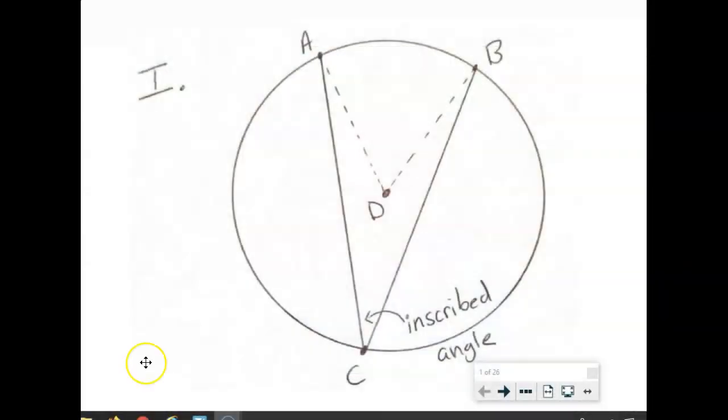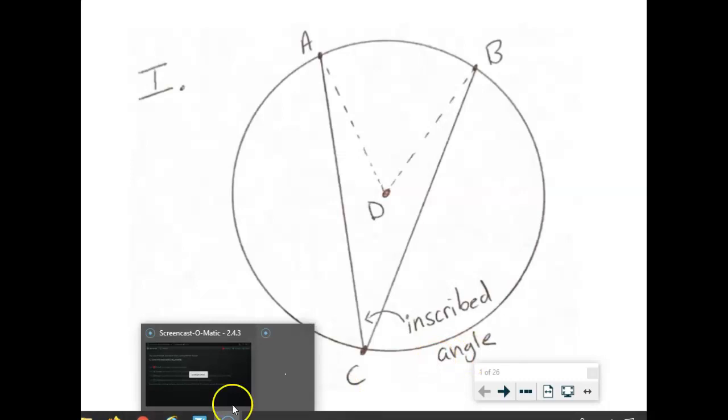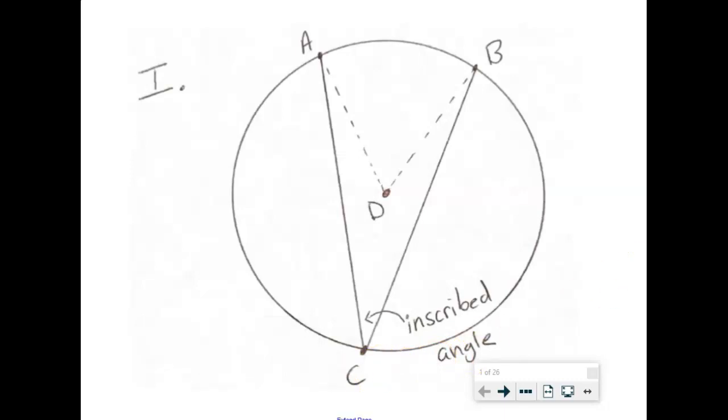I know y'all don't want to look at me anymore, so I'm going to go straight into what we're going to be talking about, which is arcs and their inscribed angles. Now, everybody look at example number 1, Roman numeral 1.